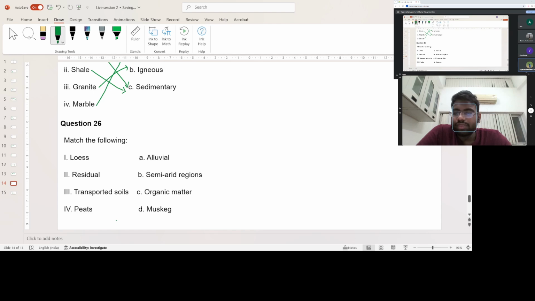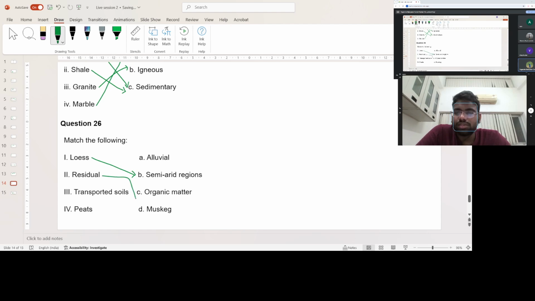So now coming to the last question. The left column specifies several types of deposits, and the right column specifies the regions where they are formed or similar. So the first option is loess. Loess is formed in semi-arid regions, especially in partial deserts.